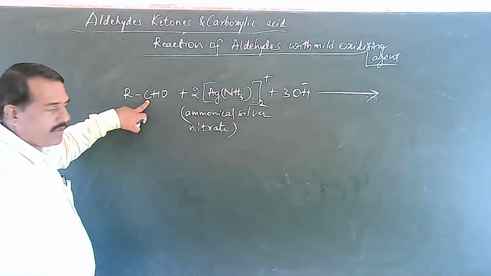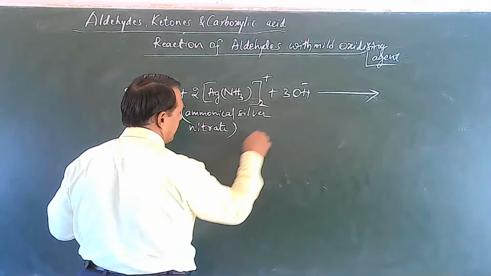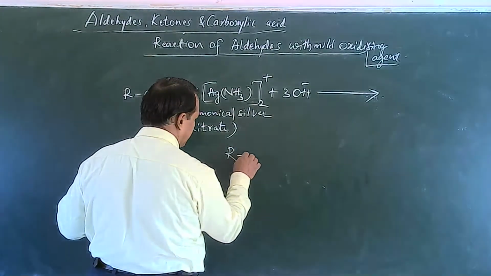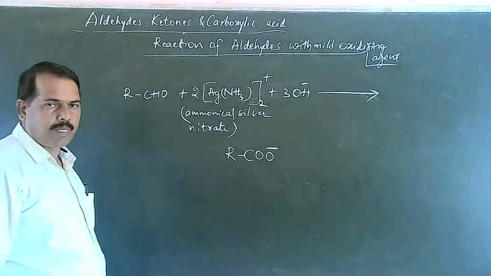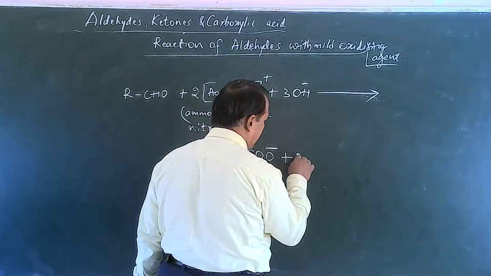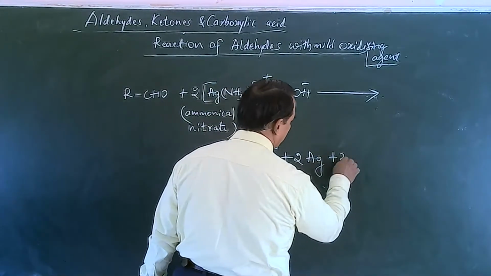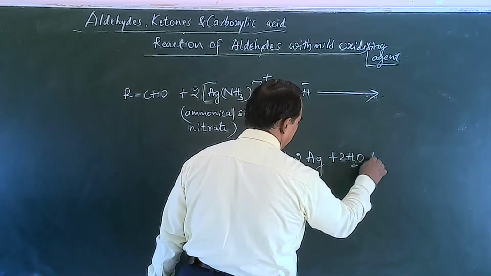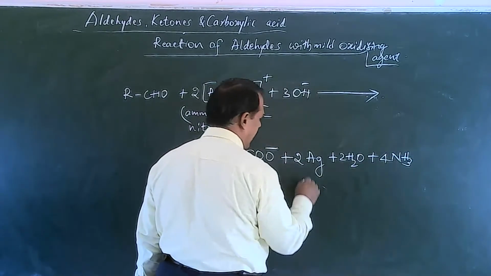So this is an aldehyde. It is oxidized to a carboxylate ion, and it gives a bright silver mirror: 2Ag plus 2H2O plus 4NH3, ammonia, is formed.